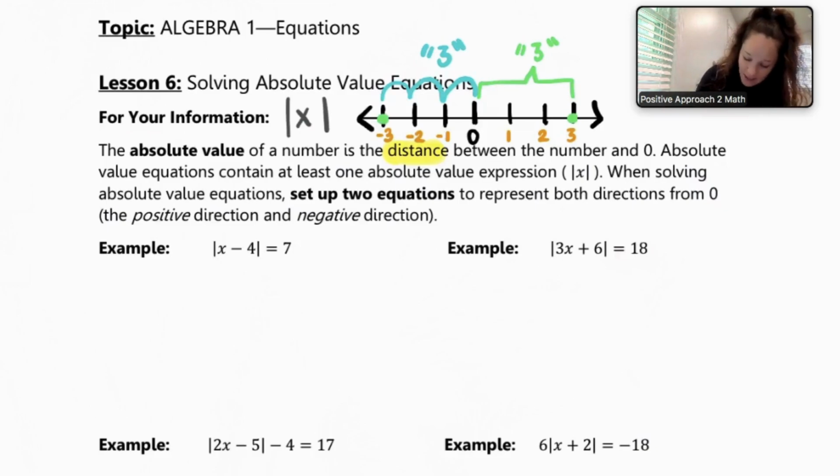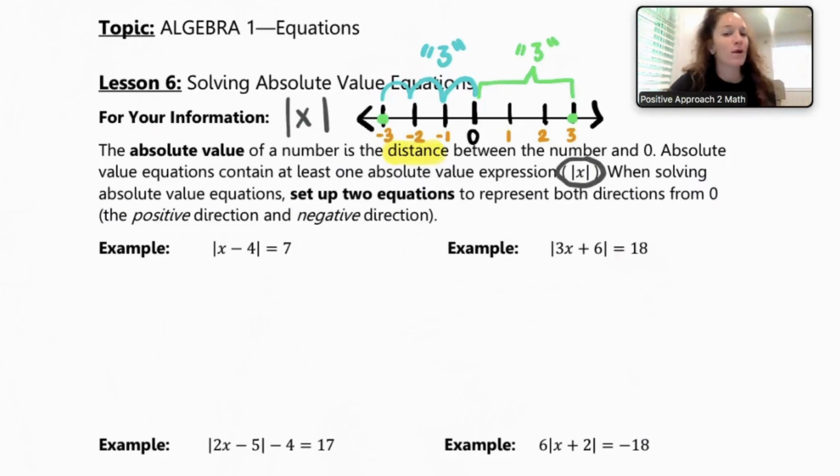We see this in some way, shape, or form somewhere in our equation. What's important is that when we have absolute value, we set up 2 equations, because we have to account for the absolute value traveling to the right of 0, the positive direction, and traveling to the left of 0 in the negative direction.